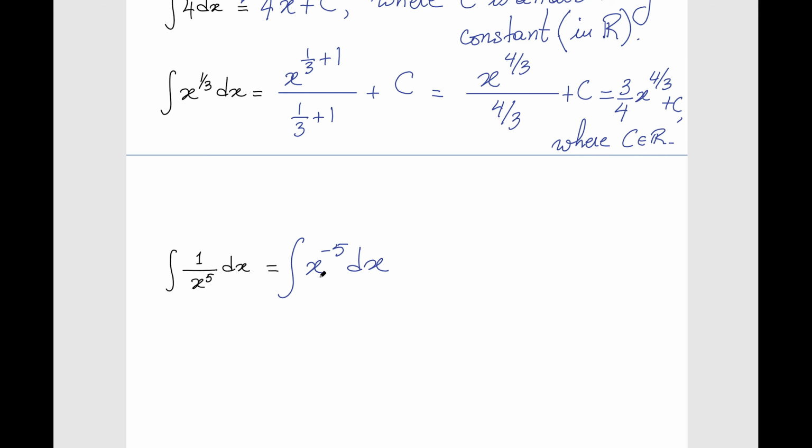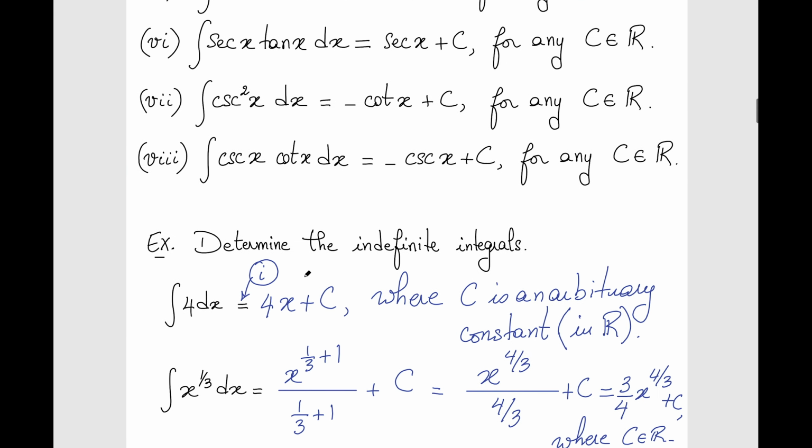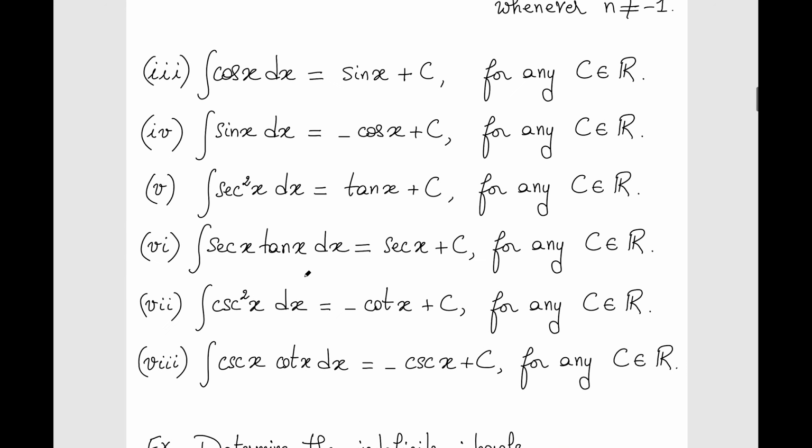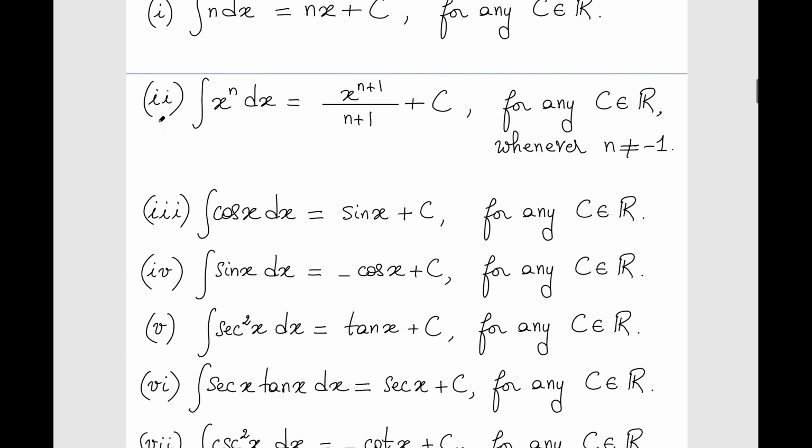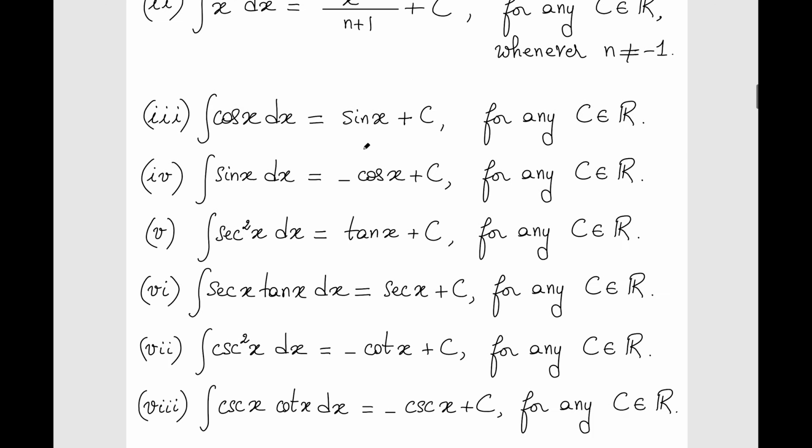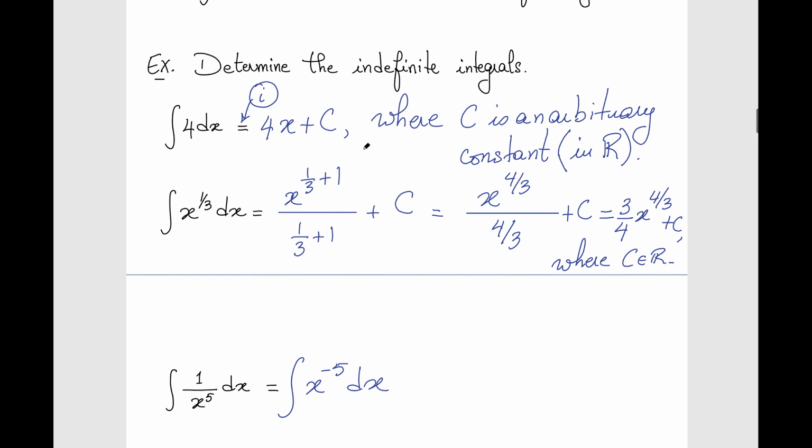And what is that? This is now of the form x^n, where n is -5. Certainly that is not -1. So still using property 2, we're going to get x to the power -5 plus 1 divided by -5 plus 1. I forgot to label at the time that this is by property 2.